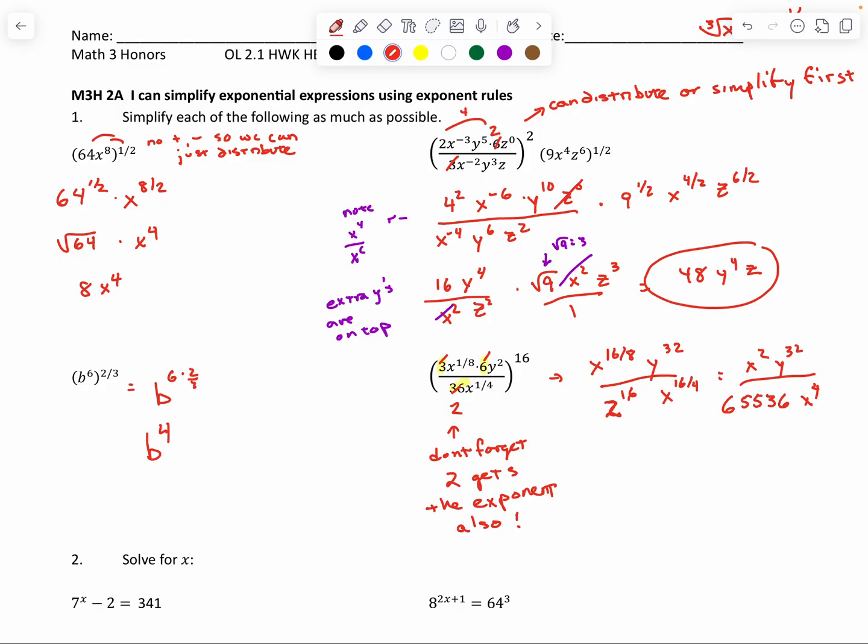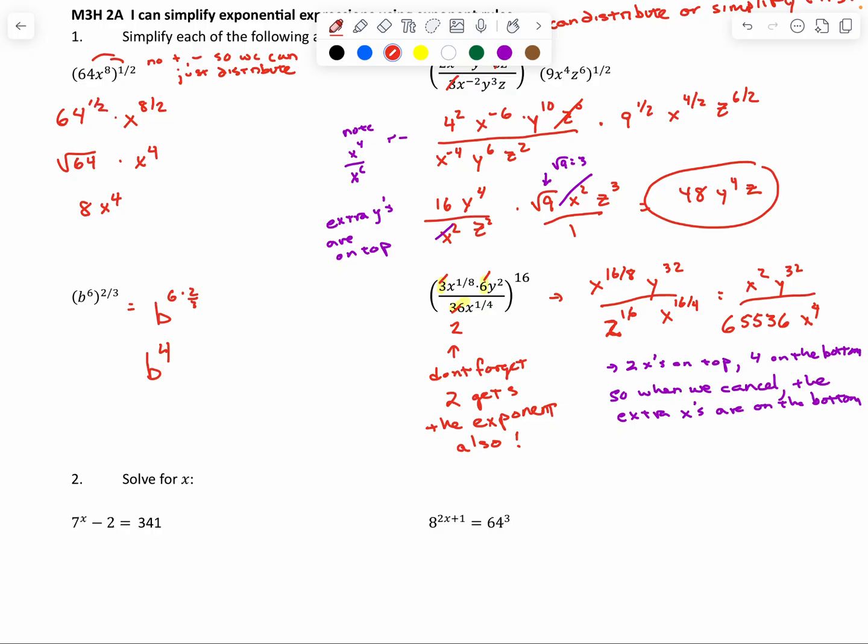Okay, so we can cancel some x's. 2 extra x's on the bottom, as we so mathematically call the denominator.